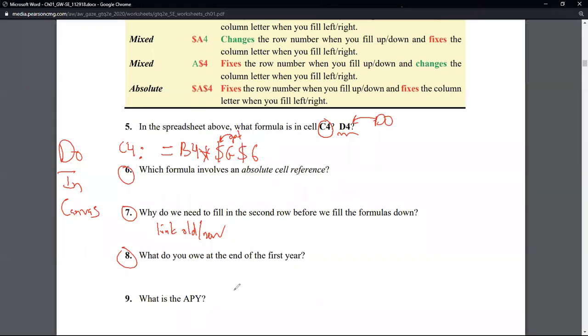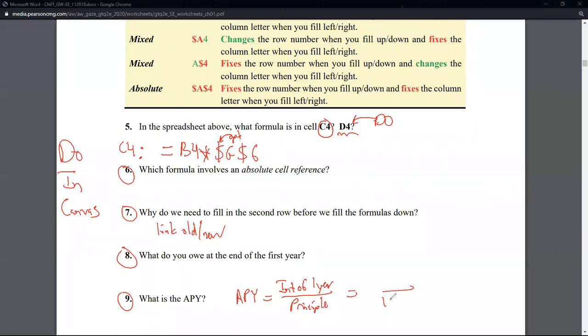What is the APY? So we're also going to do this one. Remember, APY we said was a ratio of a couple of things. APY was your total interest for 1 year divided by the original principal.